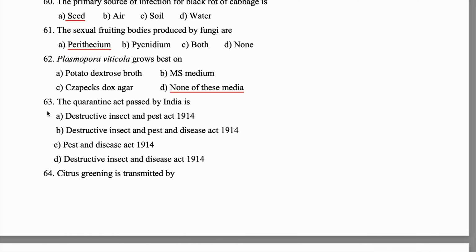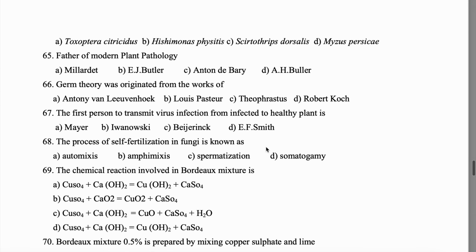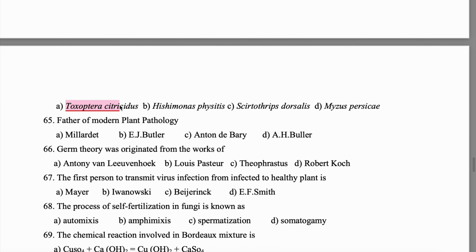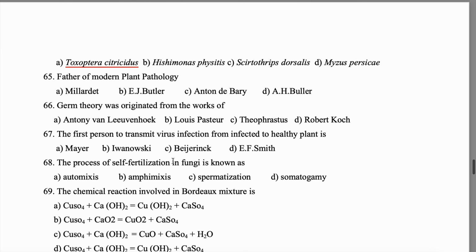Next question. The Quarantine Act passed in India in 1914 was by what? DIPA, that is the Destructive Insects and Pests Act of 1914. Alright. Next question. Citrus greening is transmitted by Toxoptera citricida.